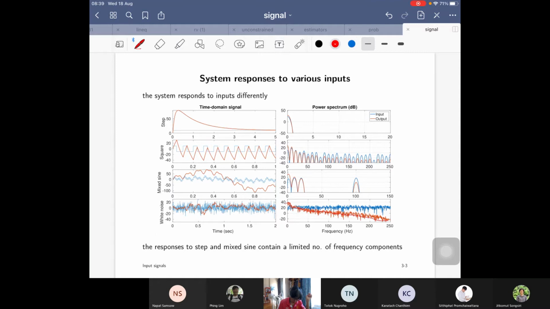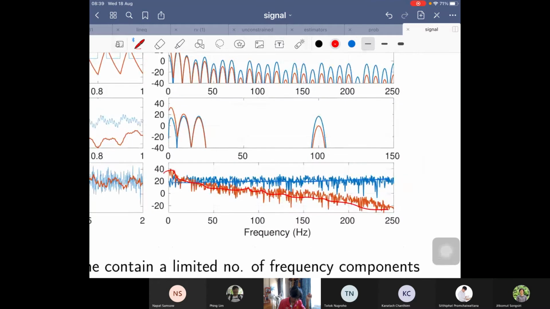Now, if I look at this graph, I can say the gain of my G at 70 hertz: I measure the output gain at 70 hertz and divide by the input gain at 70 hertz.